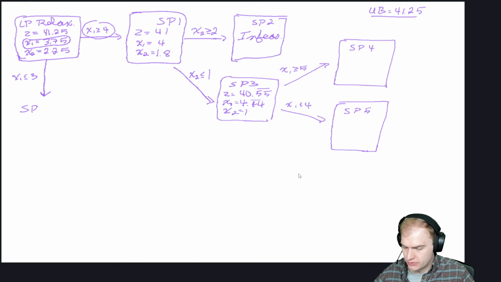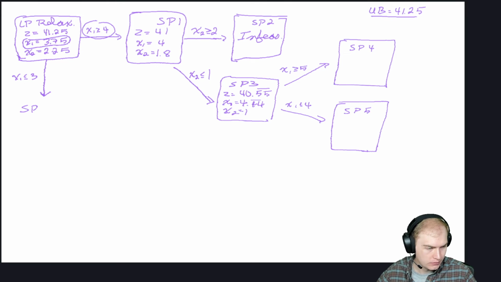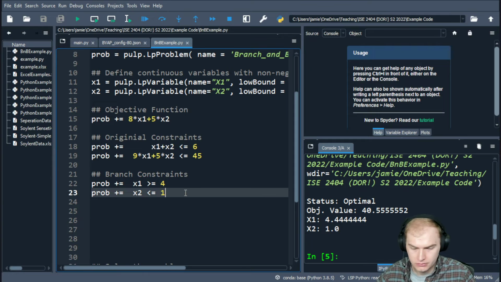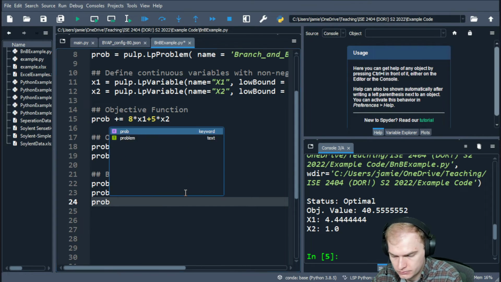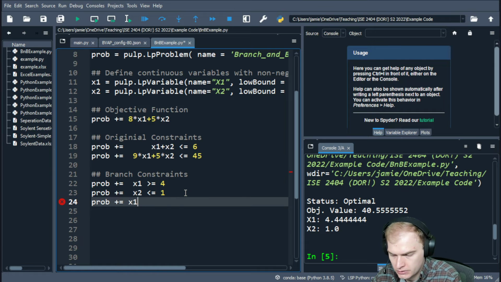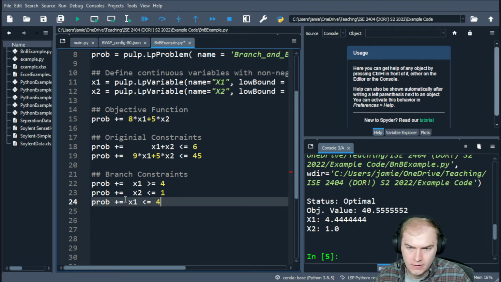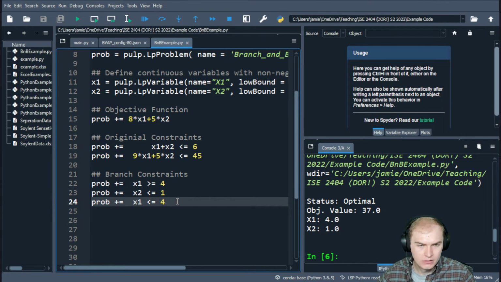So let's try X1 less than or equal to 4 first. Okay, so we found an integer solution.